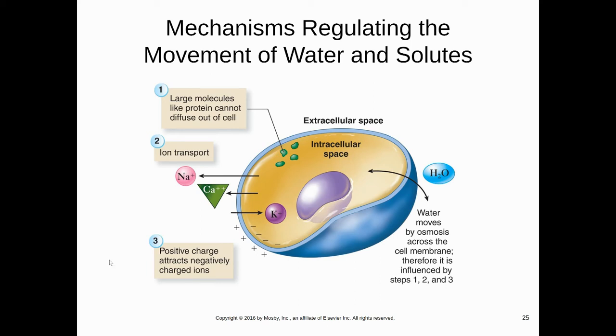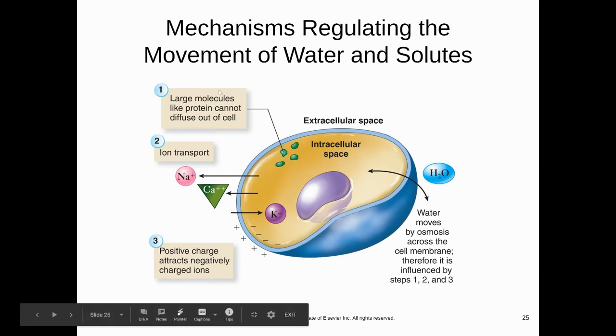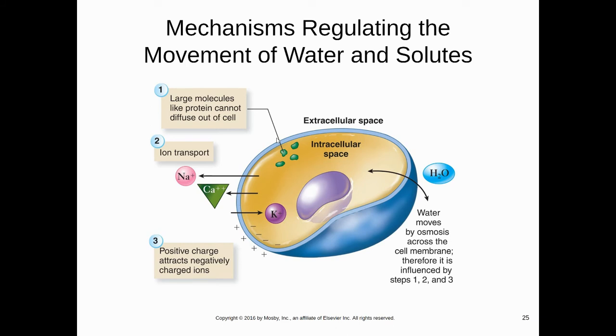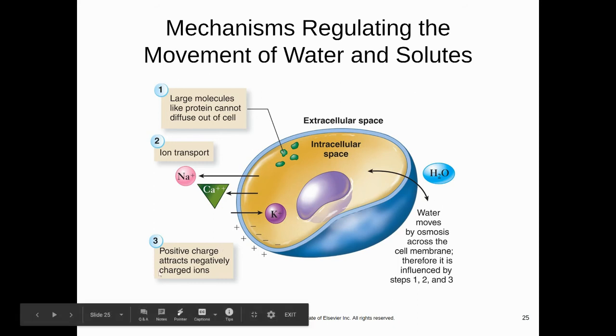Okay? In addition, if we look at the cell membrane, proteins don't diffuse out of the cells very easily. That almost has to happen through active transport as well, because they're just not going to go through the membrane. That membrane is tightly enough composed that this doesn't happen as easily as it should.